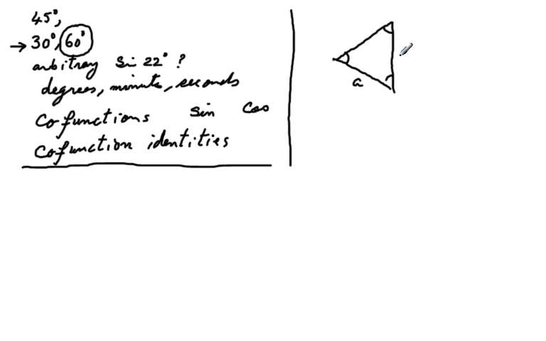So if this is A, this is A, and this is A. So it's an isosceles triangle three ways. That is, these two are the same, and if you wish, these two are the same, and again, these two are the same. So all the legs are all equal to each other. We call it equilateral.